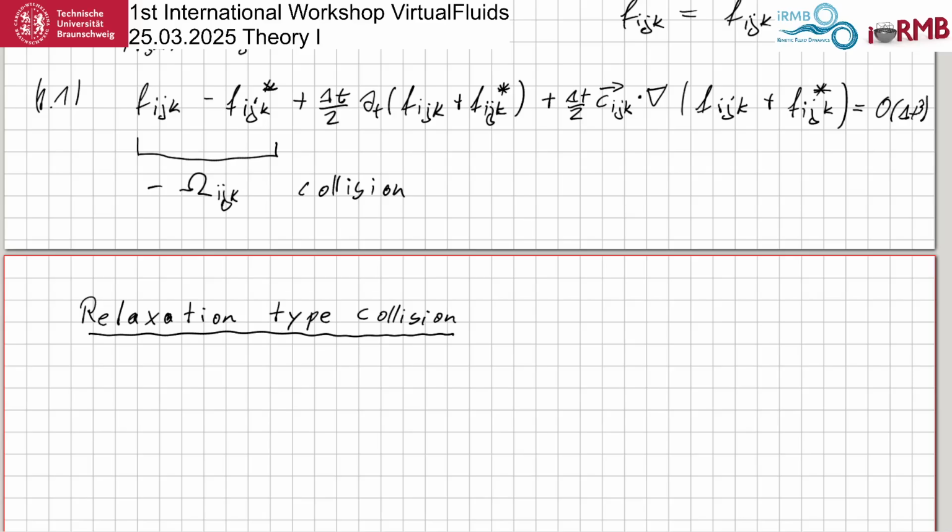If we think, well, that's too simple, and we should actually have different time scales for different quantities, then this becomes a little bit more complicated. But there is one paper by Pietro Asinari describing that you can actually describe these more complicated collision operators by what he called a generalized equilibrium.